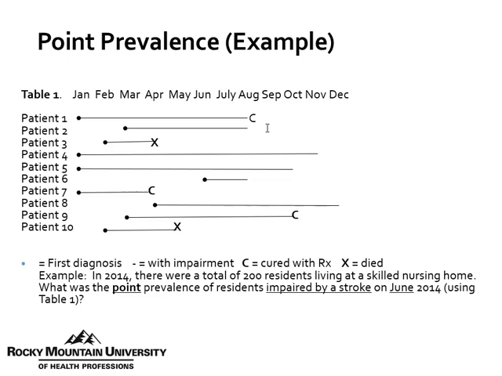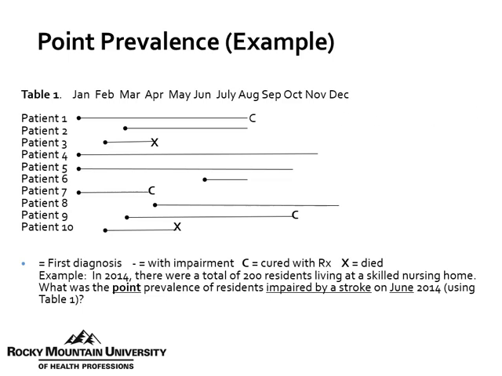But for our example, just accept that C means that they've become cured with treatment. X means the individual has passed on. So how many people in June of 2014 within that skilled nursing home were impaired by a stroke?